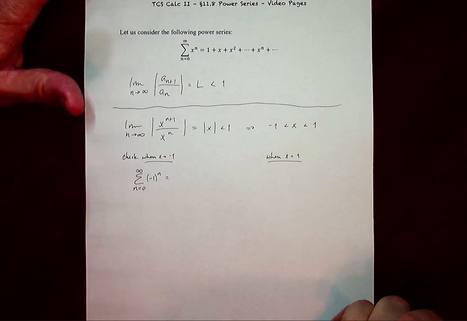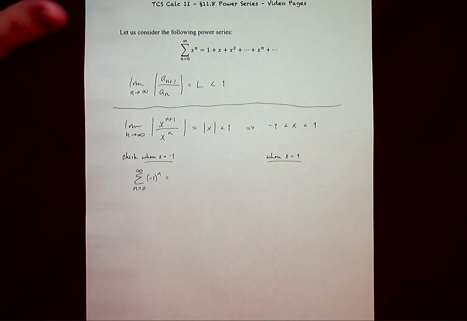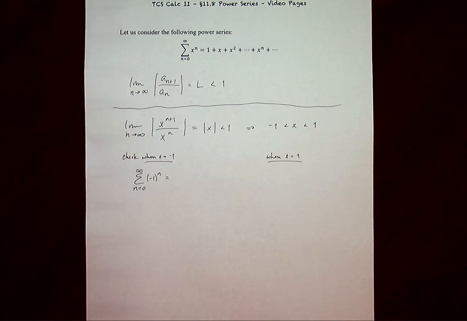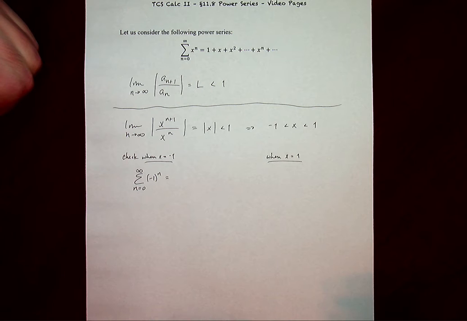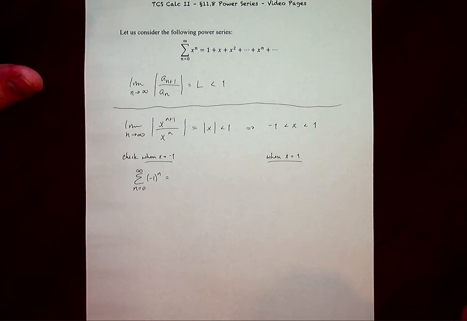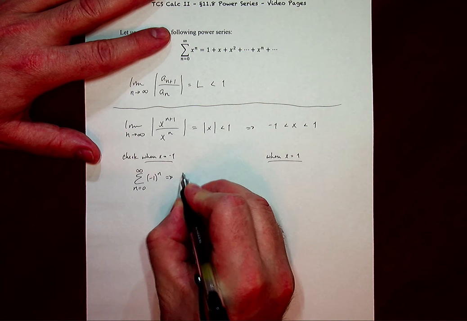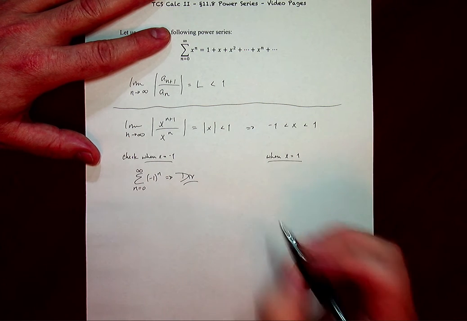We've seen this before: it's just going to bounce back and forth between 1 and negative 1. So it's 1, minus 1, plus 1, minus 1, and so on. While it doesn't go off to infinity, it certainly doesn't converge to any particular number, and therefore we know that this is divergent.